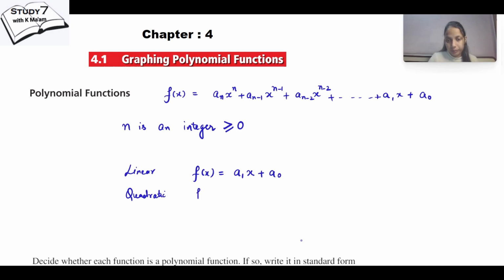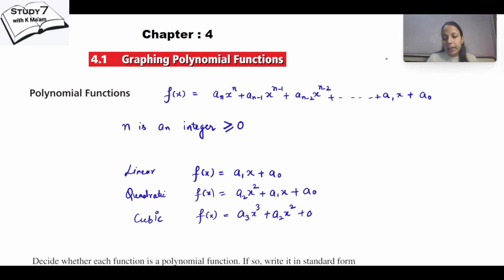Quadratic is a_2 x squared plus a_1 x plus a_0. Similarly, cubic f(x) equals a_3 x^3 plus a_2 x^2, a_1 x and a_0.